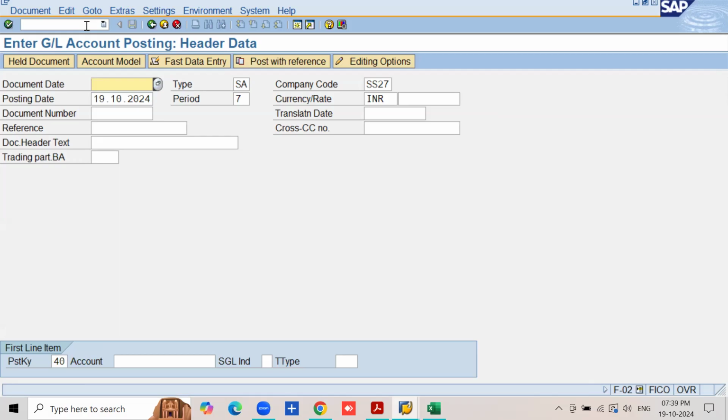So let us post one transaction again in the foreign currency. Document date is 19/10/2024. Type is SCA. Company code SS27. Posting date 19/10/2024. Period 7. Currency USD. Posting key 40. Account is 4,100,000, Salaries.